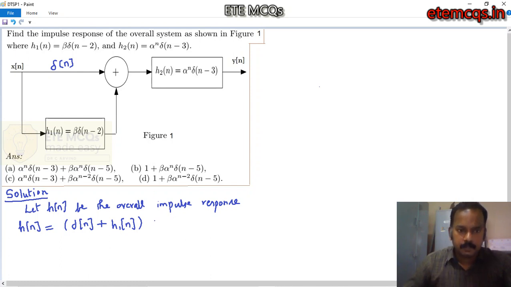When two systems are in series, we make use of the convolution operator to find the overall impulse response. So here you will have h2 of n.